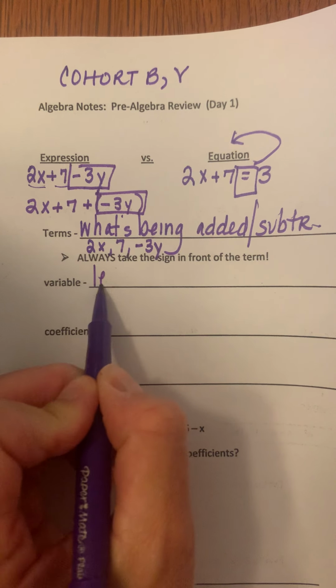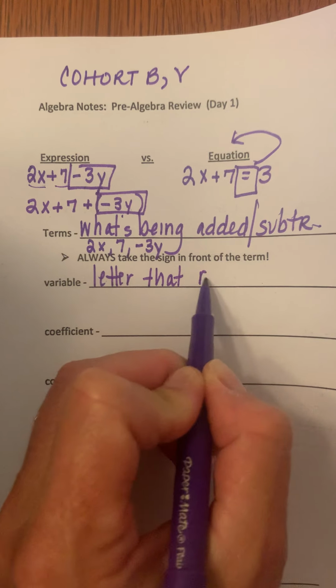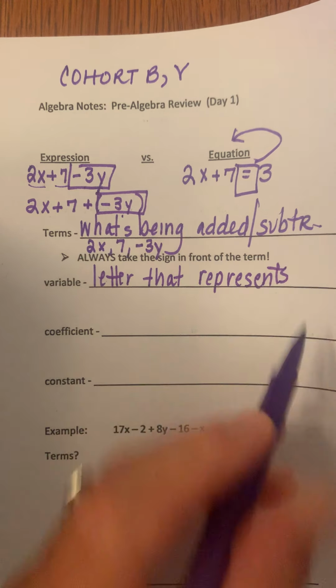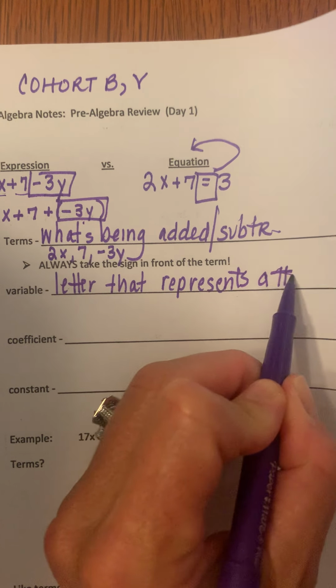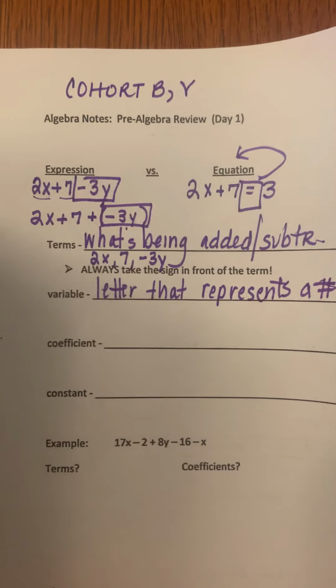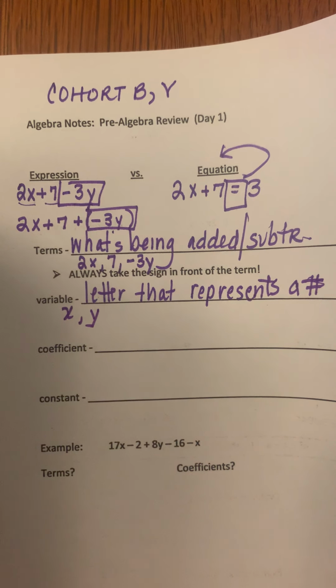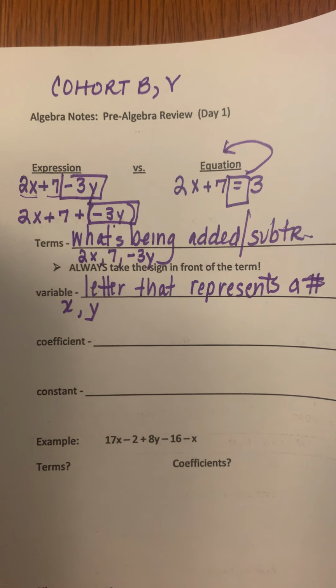Okay, a variable is just a letter that represents a number. In this expression, our variables are just x and y. The next basic term that you should remember from last year is coefficient.